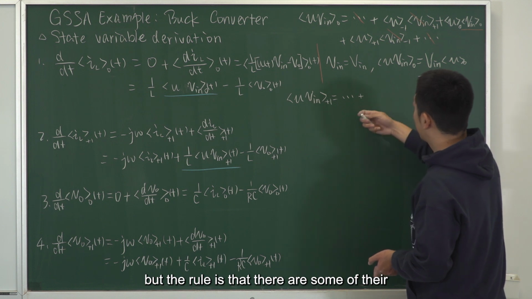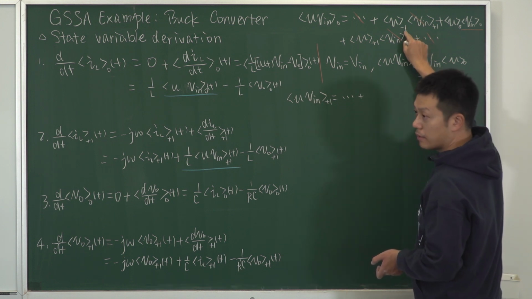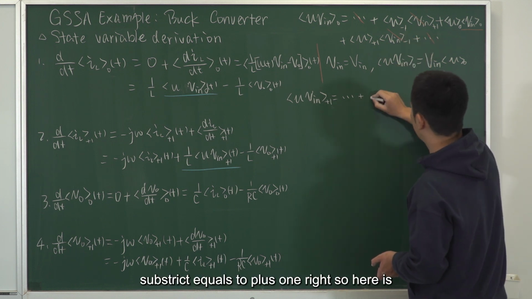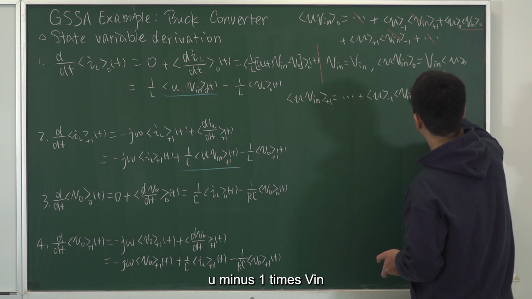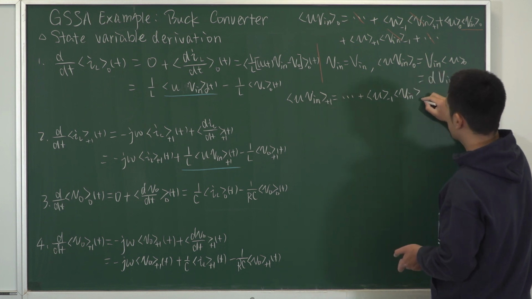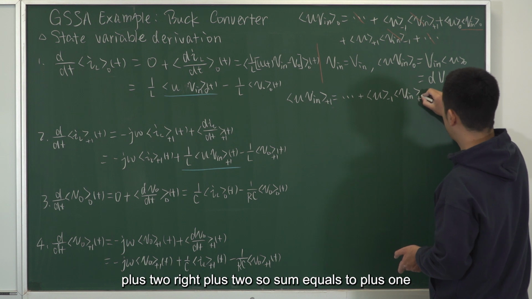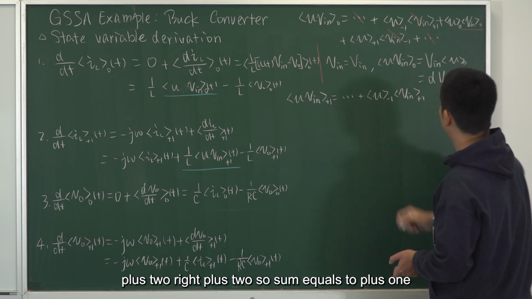But the rule is that the sum of their subscripts equals to plus 1, right? So here is U minus 1 times V in plus 2, right? Plus 2. So the sum equals to plus 1.